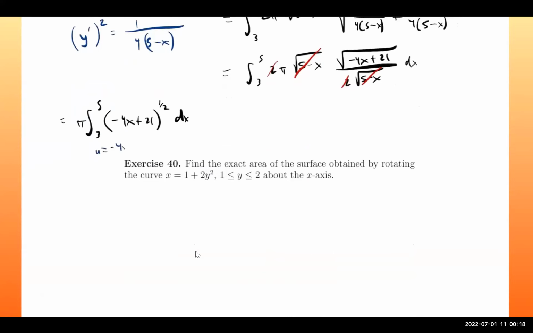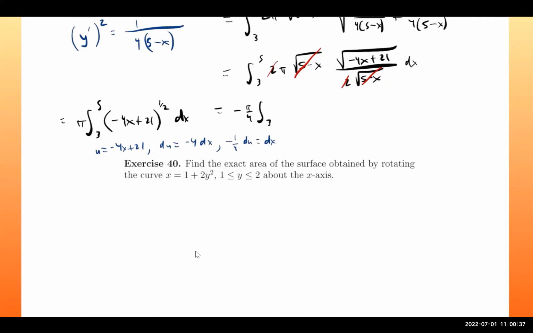And then I can do a u substitution. I'm going to go ahead and do a u substitution to integrate, which means du would be negative 4 dx, which means that negative 1/4 du equals dx.